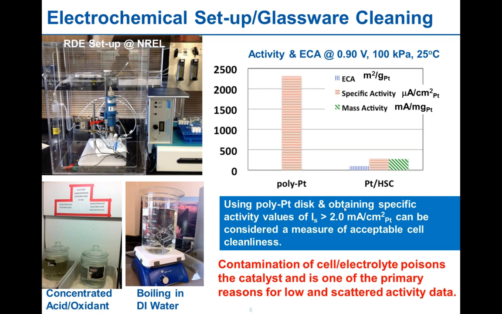Using a polycrystalline platinum disc, which is reusable, if you obtain a specific activity of greater than 2 milliamps per centimeter square, as shown by the red bar over here, you can say that the cell is fairly clean and good enough at least to evaluate high surface area catalysts like platinum on carbon, shown in the small bars on the right. If the platinum polycrystalline activity is less than 1.5 or 1 milliamp per centimeter square, you're likely to have some contamination at lower values.